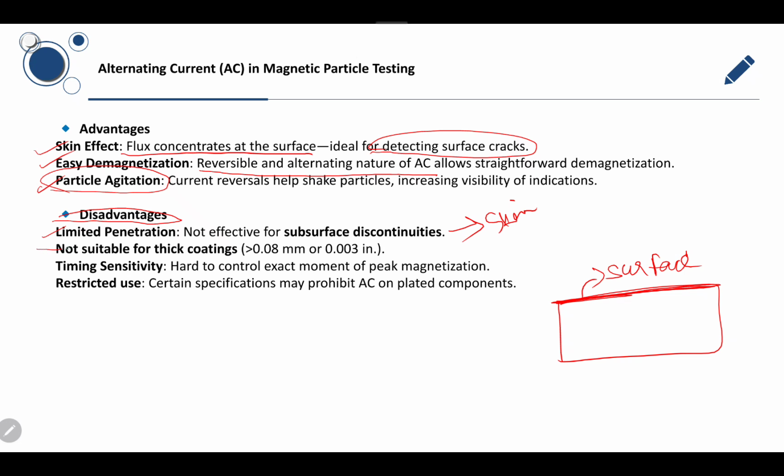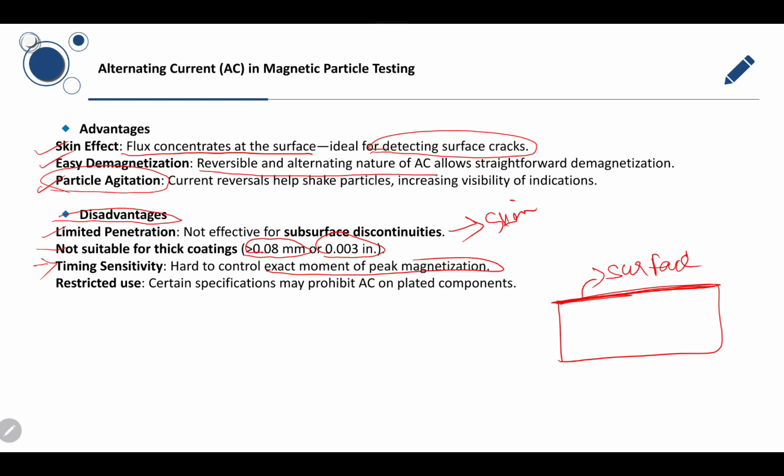Next one is not suitable for thick coatings. It cannot effectively penetrate coatings thicker than 0.08 mm or 0.003 inches. This is crucial to remember for coated parts. Next one is timing sensitivity. It can be hard to control the exact moment of peak magnetization.